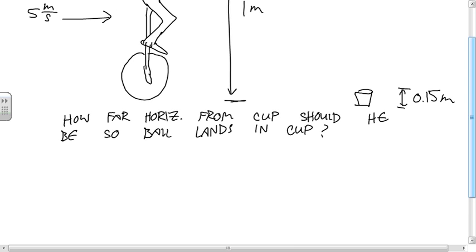The first thing we have to do is specify those 4 values: time equals 0, time final, and then the coordinate system origin and the coordinate system orientation. So what do we want to choose for the time equals 0 instant? Right, when the ball's released.